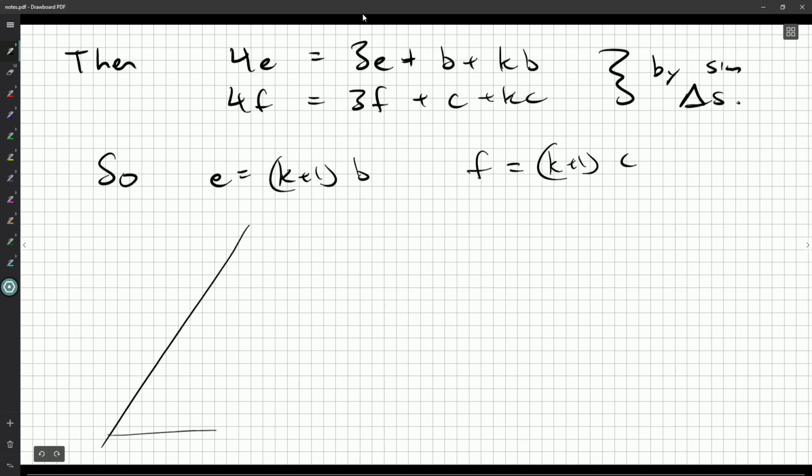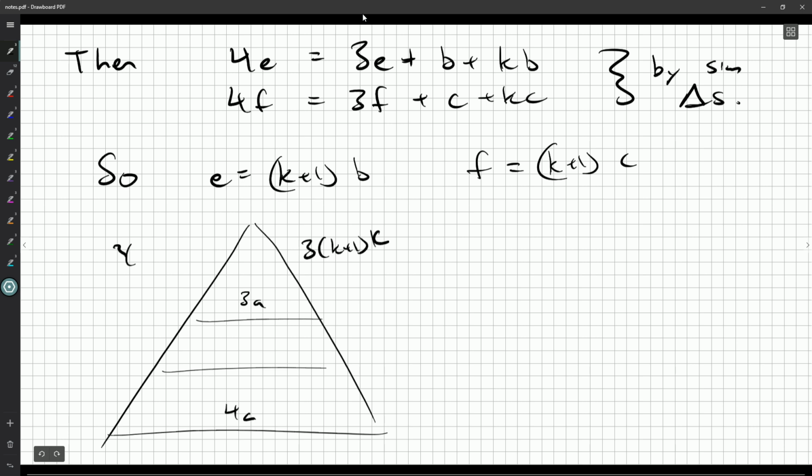If we redraw this, 3A, 4A, this is 3K plus 1 B, or C. And over here is 3K plus 1 B. This is a single B, this is a single C. WX, MN, by similar triangles.